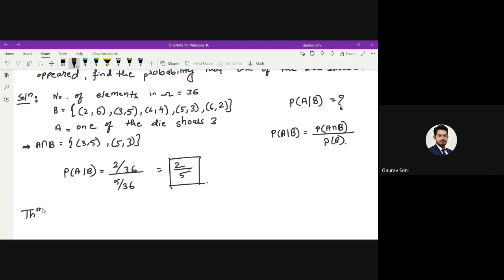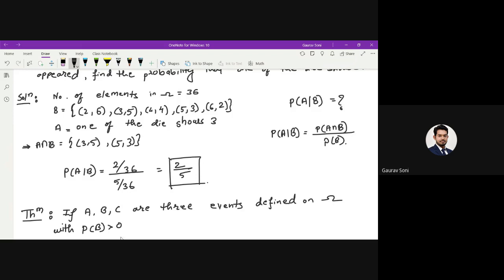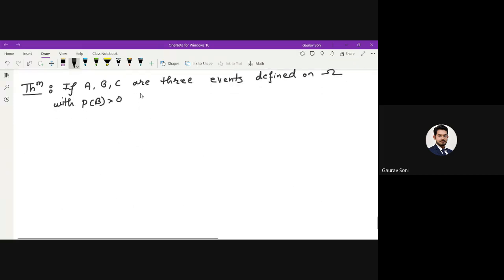A theorem. If A, B, C are 3 events defined on sigma, with probability of B greater than 0, then probability of A union C given B is equal to what?